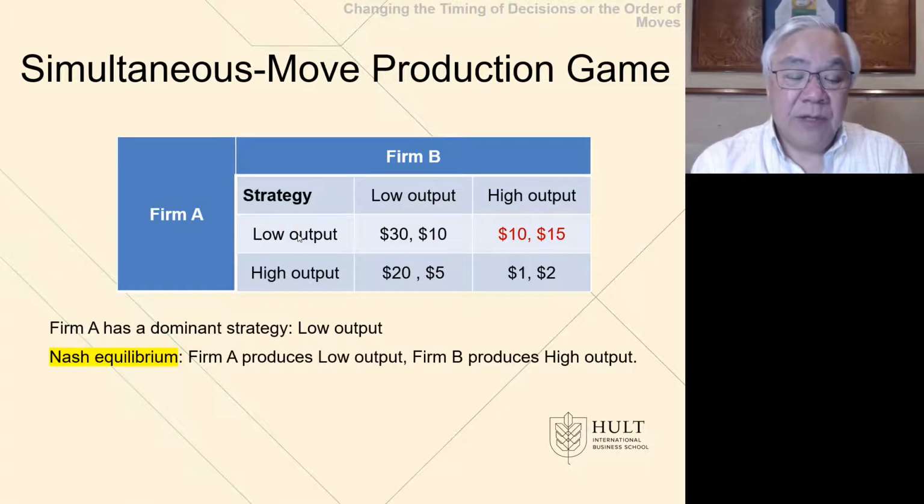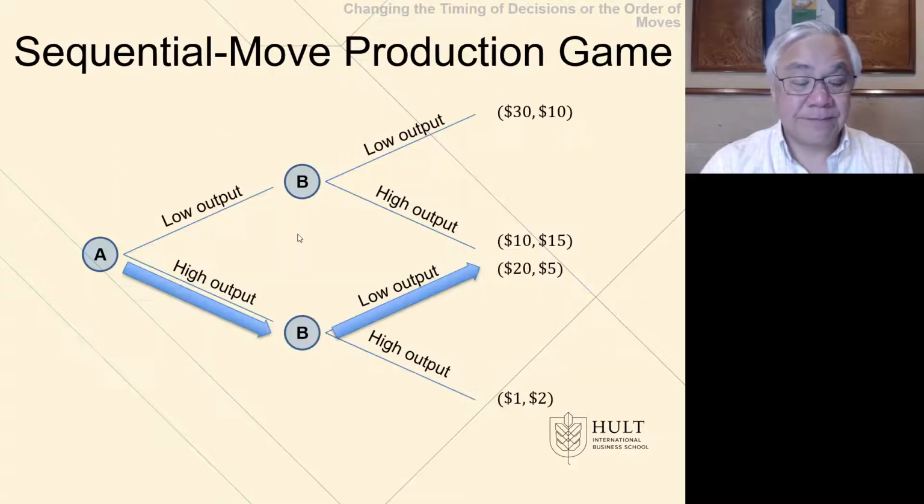There's also Nash equilibrium, and that is where A produces low and B produces high. So firm A would end up making 10, firm B would make 15. And that's not a very favorable outcome for firm A because they were hoping to make 30, and there's another outcome where they could have made 20. Now, firm B is very happy because that's the single highest payoff that they could have encountered.